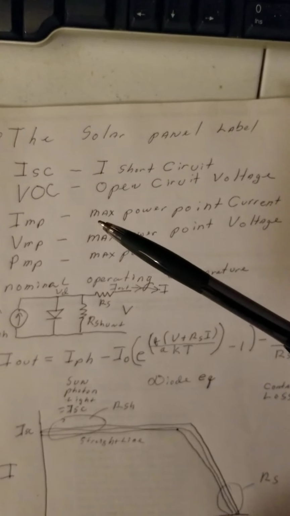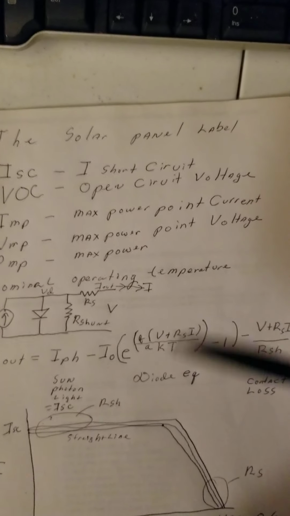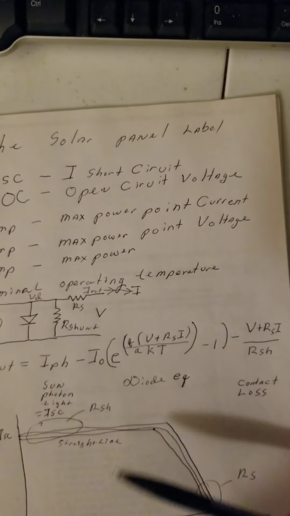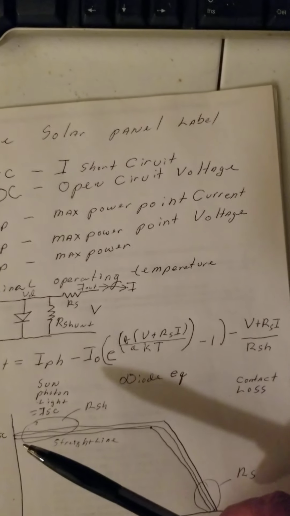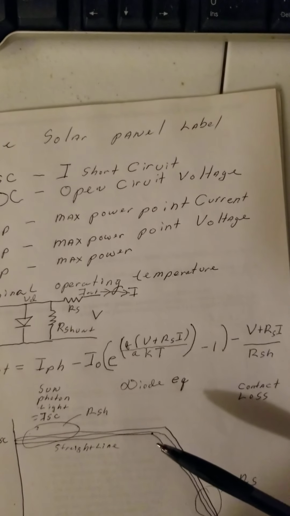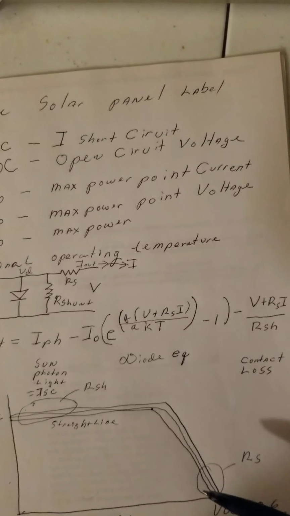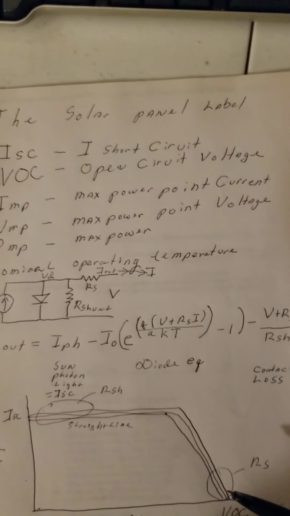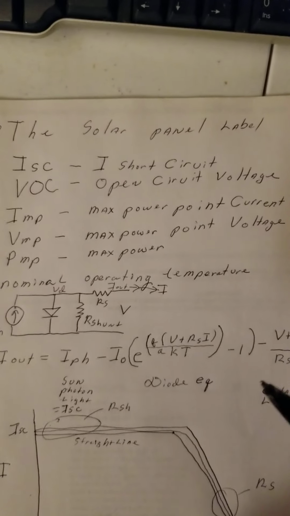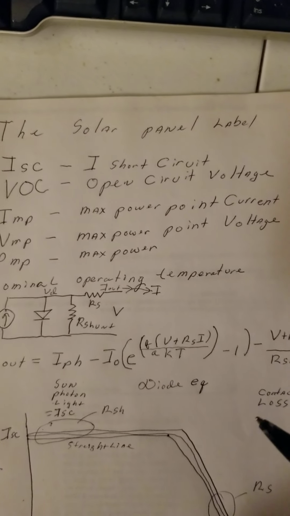With this back panel label, we get 3 points. We can draw a straight line from the short circuit to the max power point, and from the max power point to the VOC as a first crude approximation.